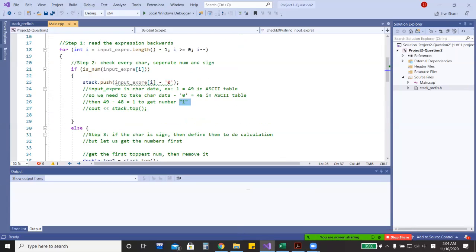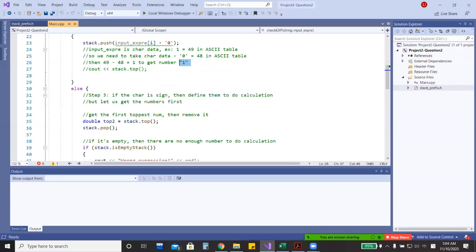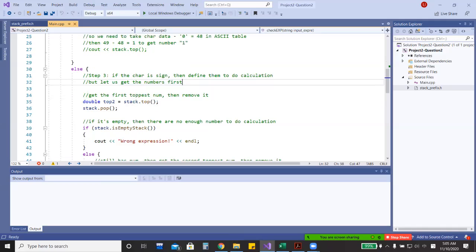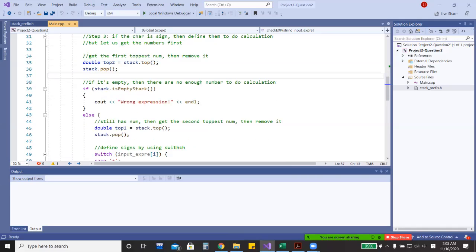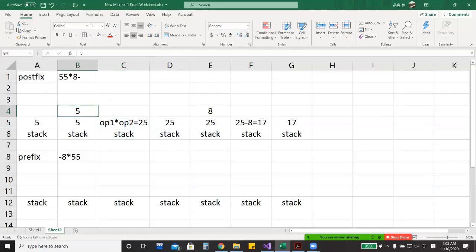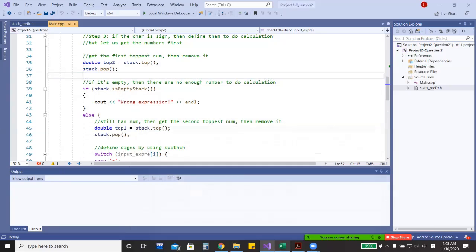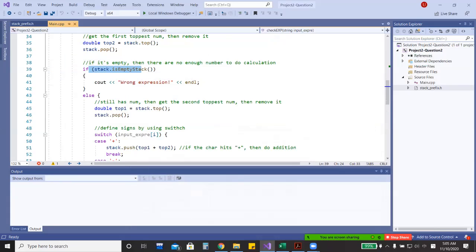So this is the number part, but we have to remember, except for the number part, we will have the sign part. Step 3 is if the character is a sign, then we define them to do the calculations. We will have OP1 and OP2 to store the 2 numbers, and also check if the stack is empty.